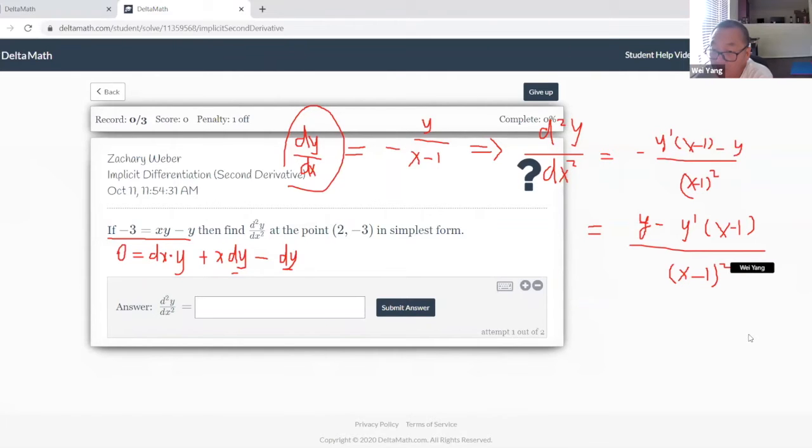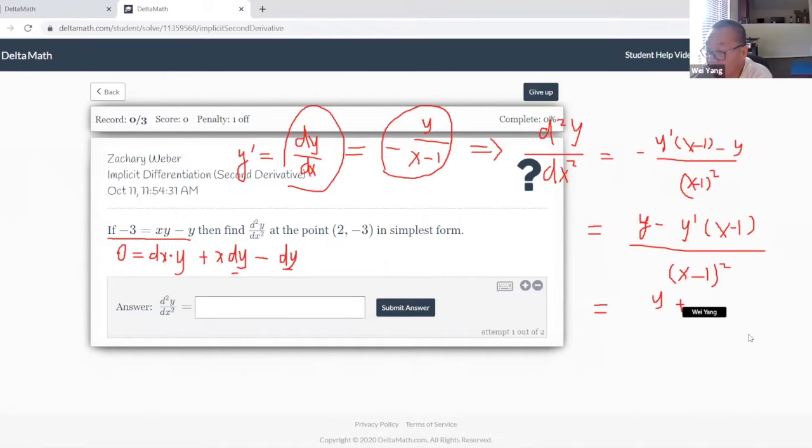You know this actually equals y derivative. dy over dx is actually y derivative. That means y derivative equals this, so we need to use this to replace this y derivative. So we can continue to simplify. This is a y minus, so this one also minus, that would be plus.